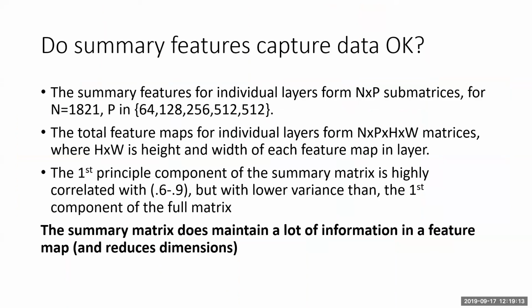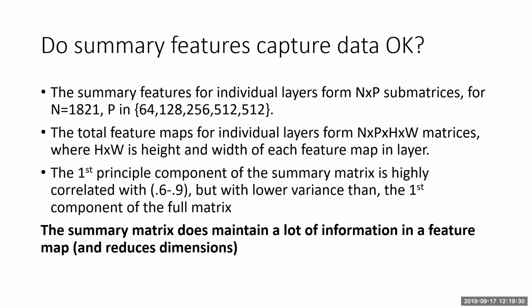After that, I wanted to look at the features more directly. One question is, do the summary features really capture the data? Here's an analysis where I compared the summary features with the full feature maps.